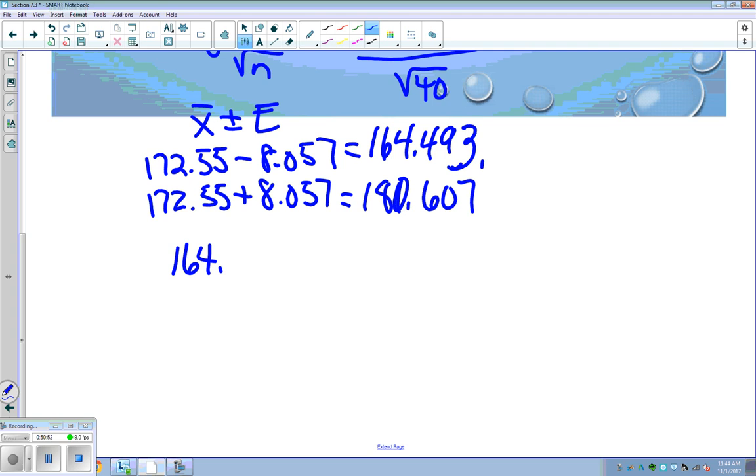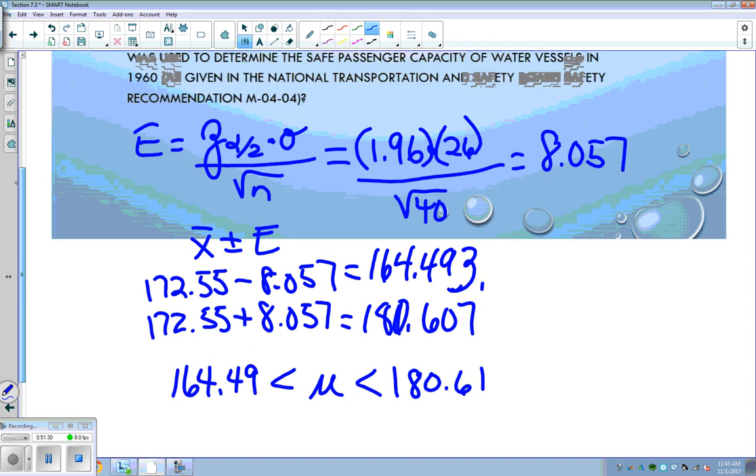So I'm going to round to the hundredths place. 164.49 is less than mu, my population mean, which is less than 180.61, again rounded to the hundredths place. So there's my confidence interval. I'm 95% confident that the population mean is between those two values.